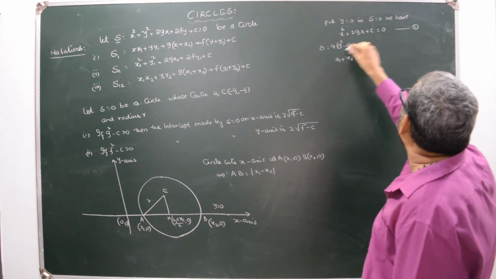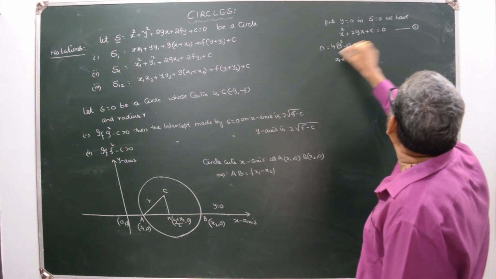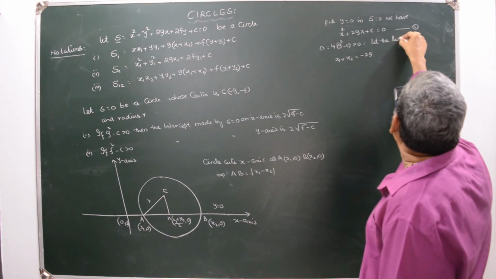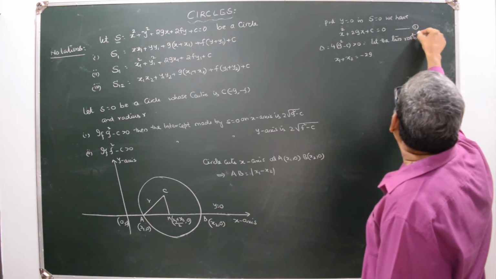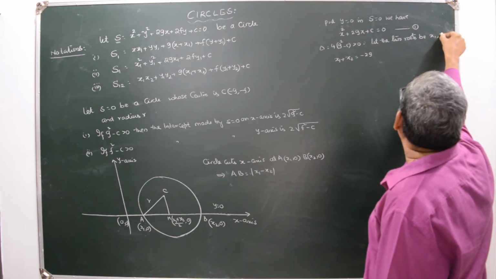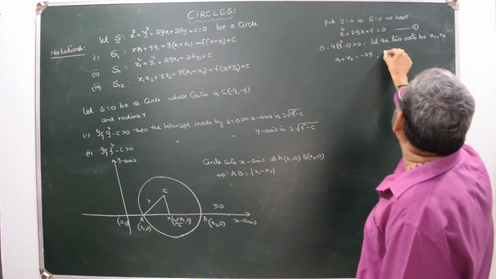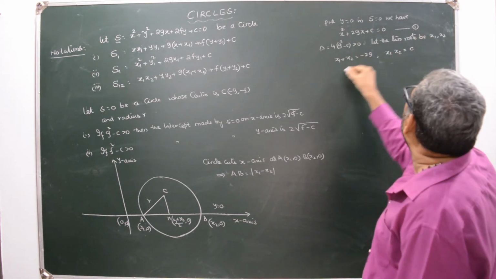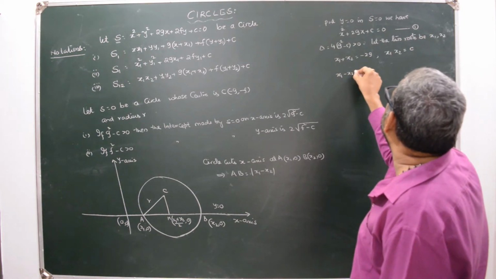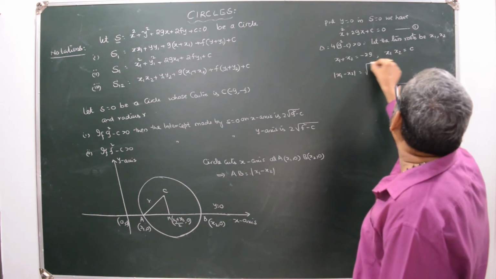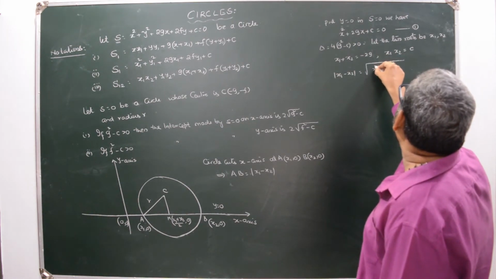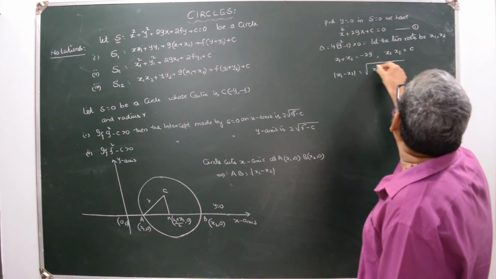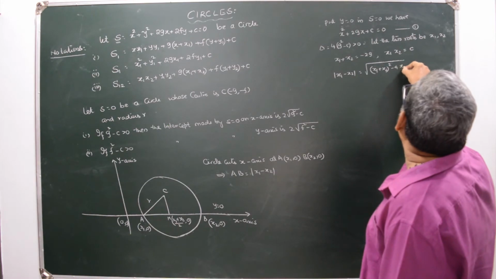Let the two roots be x1, x2. Now x1 x2 is equal to c by a, that is c. Now x1 minus x2 is equal to square root of (x1 plus x2) whole square minus 4 x1 x2.